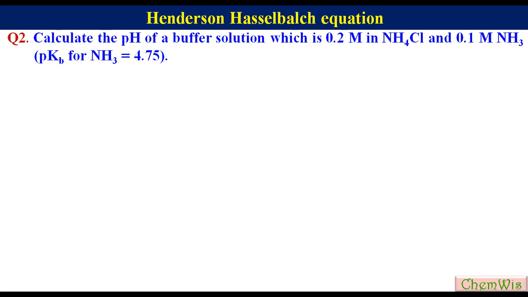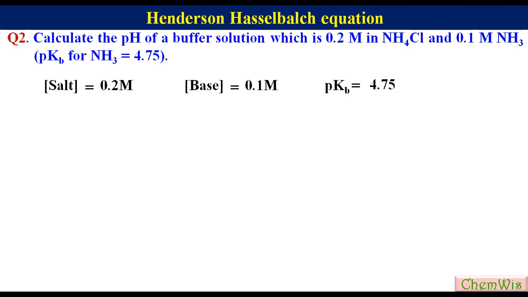Question number 2. Calculate the pH of a buffer solution which is 0.2 molar in ammonium chloride and 0.1 molar in ammonia. pKb for ammonia is 4.75. Given that molar concentration of salt is 0.2 molar, molar concentration of base is 0.1 molar, pKb is 4.75.